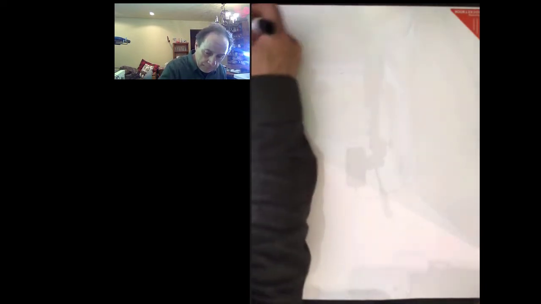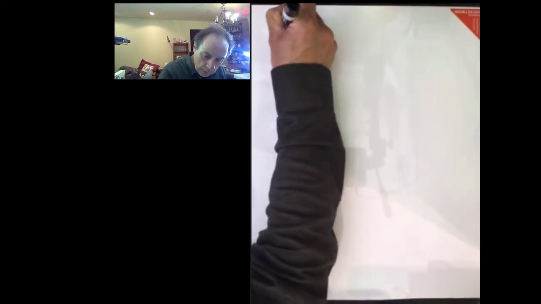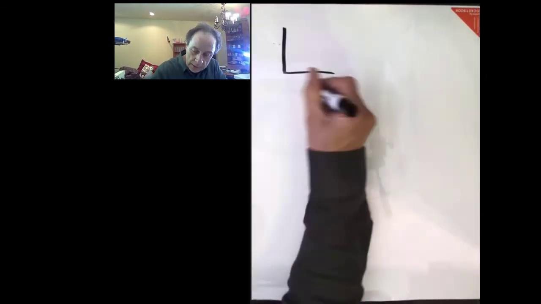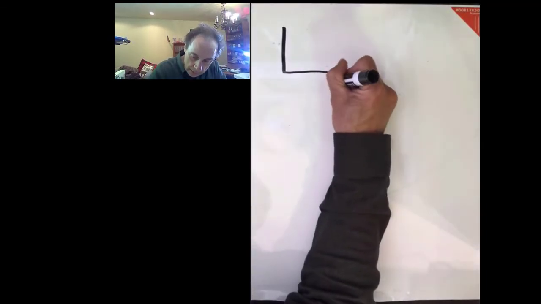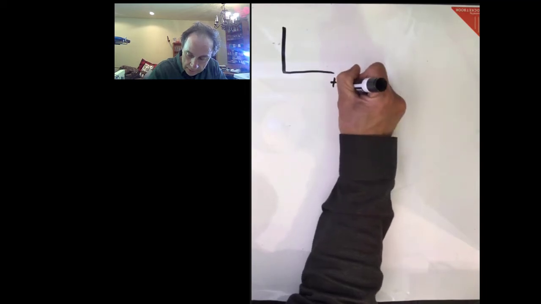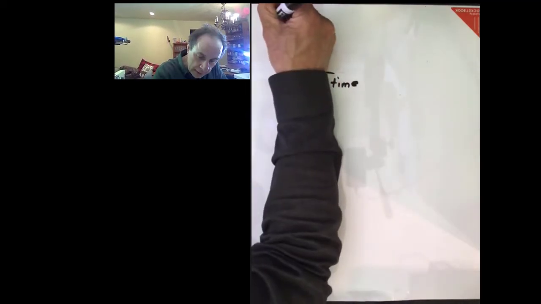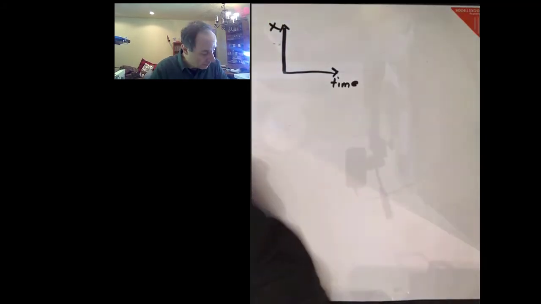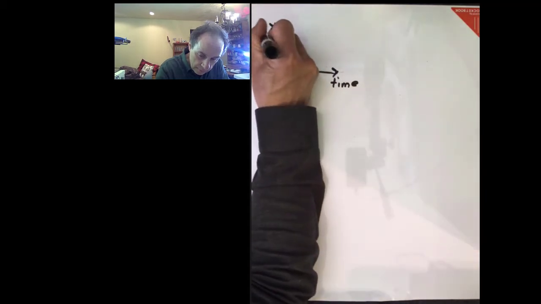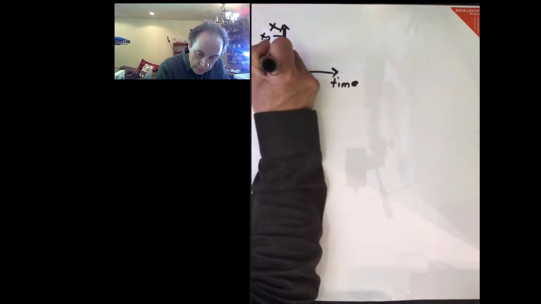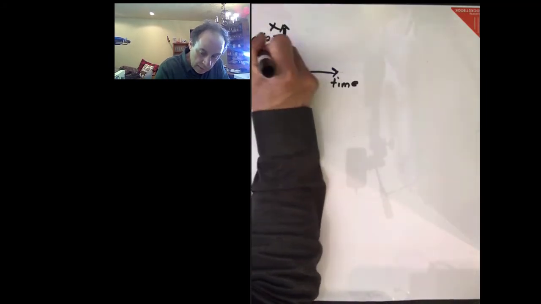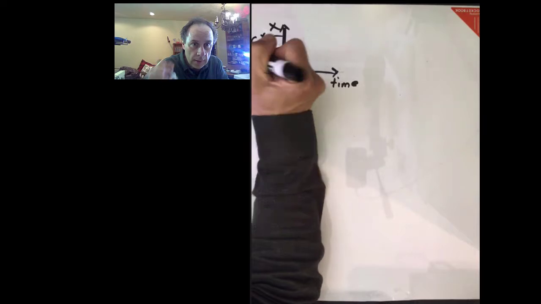So this is time, the x-axis here. This is displacement, and they're both increasing. So if you have an x2 and an x1, the change between them is delta x.